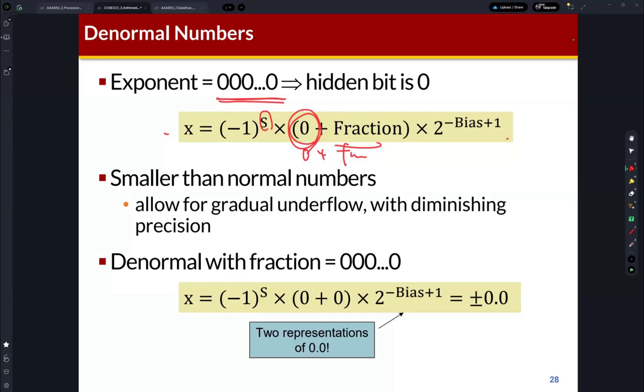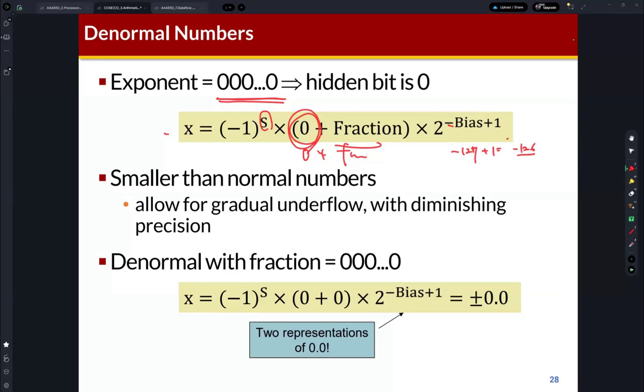And so we use 2 to the minus bias plus 1. For single precision, it's minus 127 plus 1, which is minus 126. Okay, so denormal numbers.